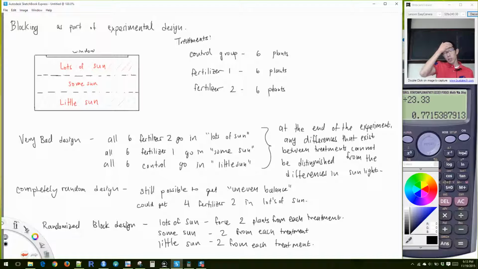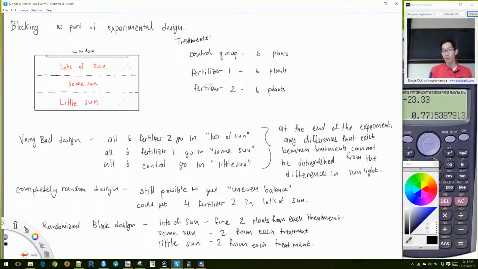And you want to make sure you have more than one replicate from each thing. So if we only had 3 control group plants and 3 fertilizer 1 and 3 fertilizer 2 group plants, this would not be a good analysis, because we would run out of degrees of freedom.